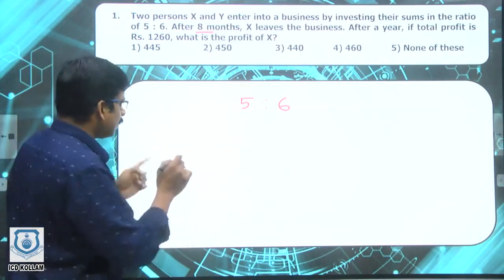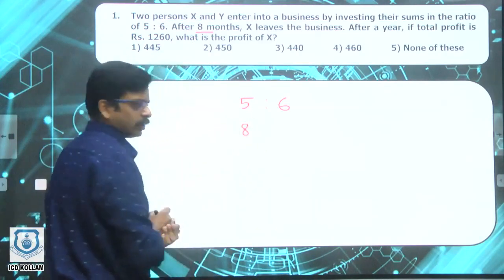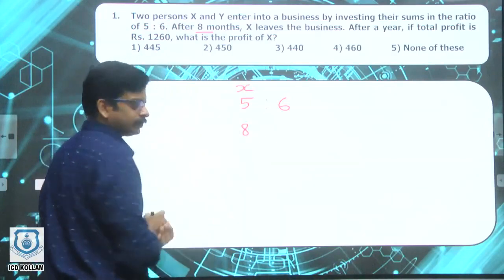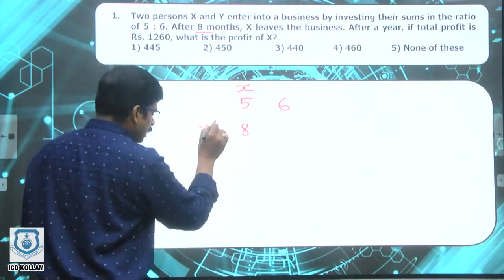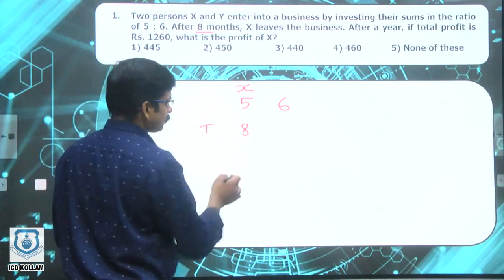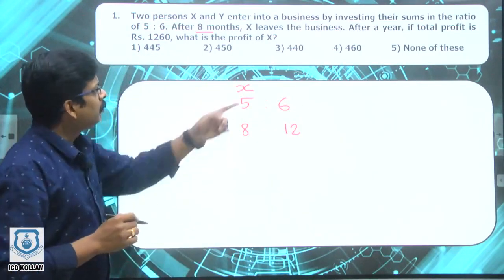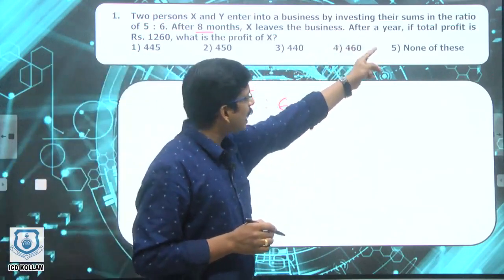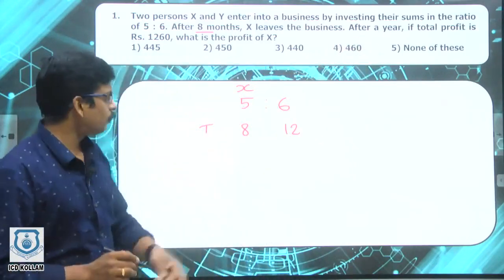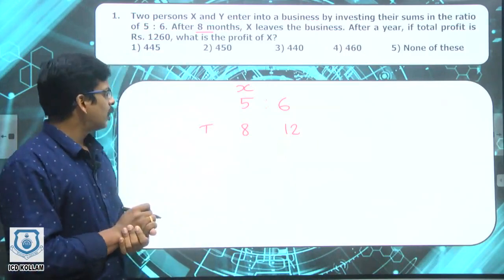The time is 8 months for X and this is 12 months, because you need to find after a year, means 1 year. So 1 year is 12 months.